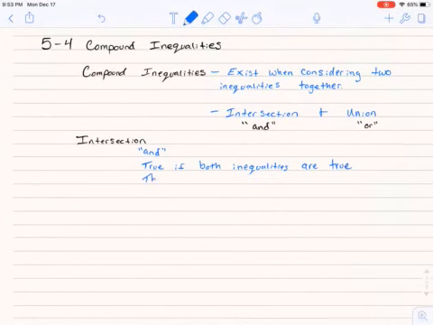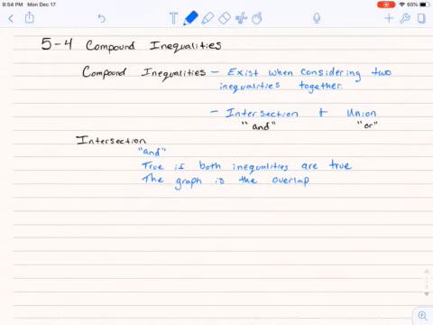Okay, and the graph is the overlap of the individual inequalities. So let me put this into words.